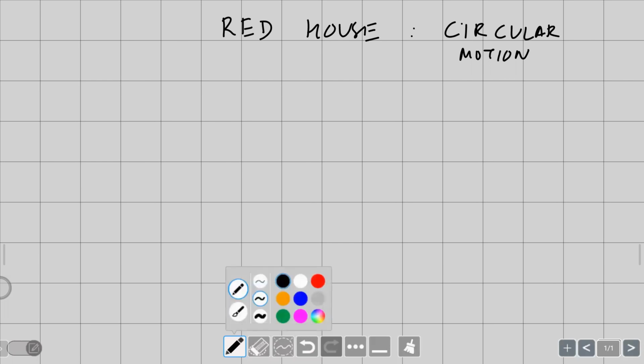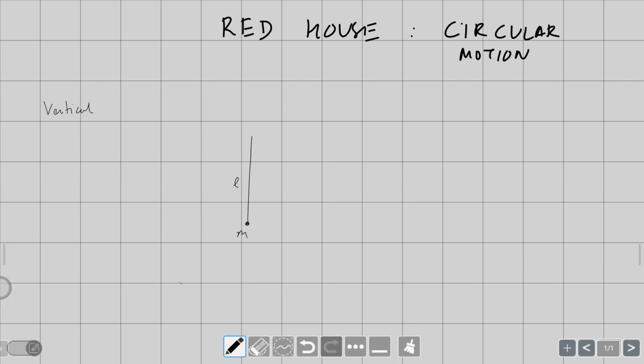So today we will look at a special case of vertical circular motion when you have a particle attached to a light massless thread and it is suspended from some point like this. This is a light thread of length l. This is a particle of mass m.